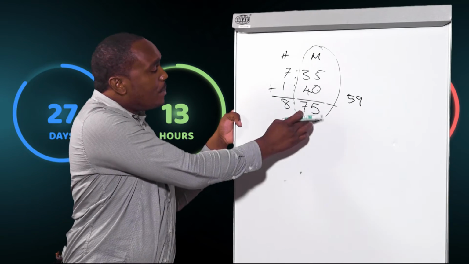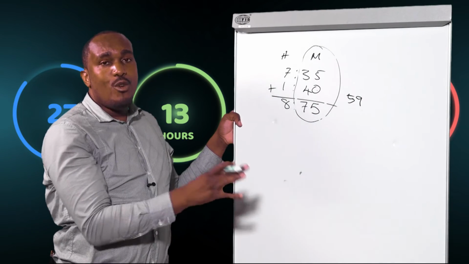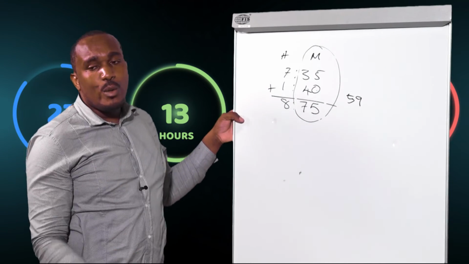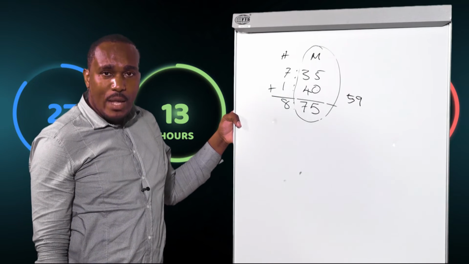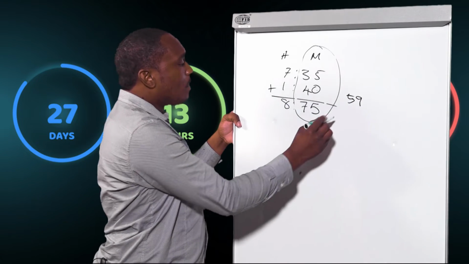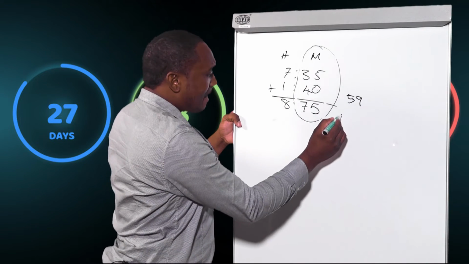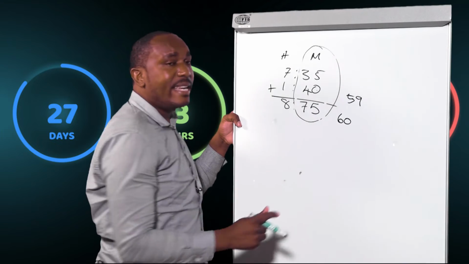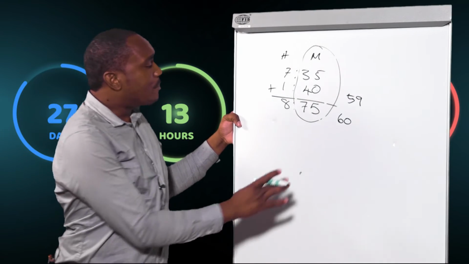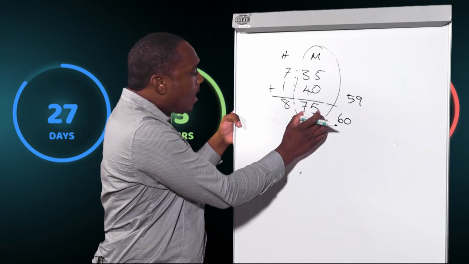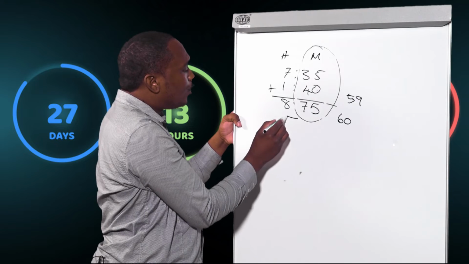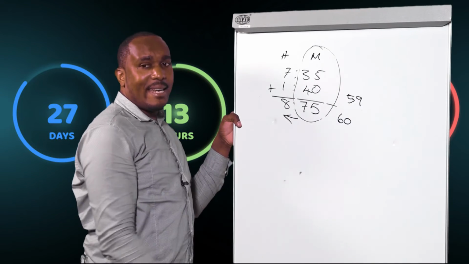So if it goes beyond 59, then you are supposed to apply some rules. You subtract 60, because 60 is 1 hour. So you subtract 1 hour from this one and move it to the hour side.